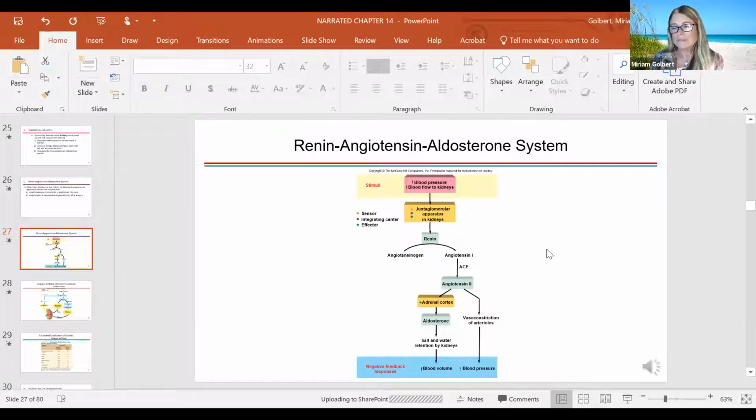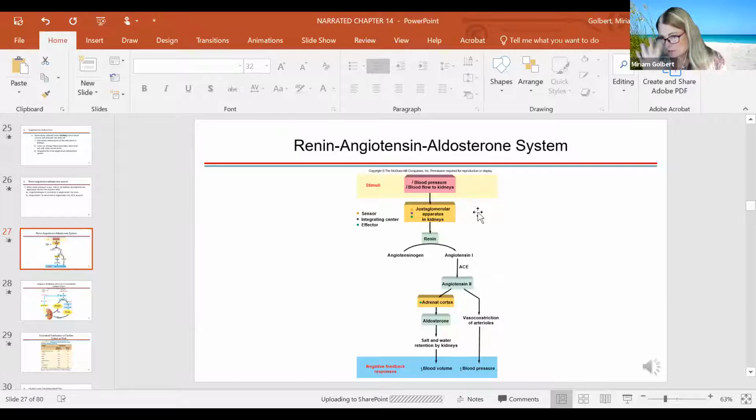So when the kidney detects this low blood pressure and low blood flow, these little cells that are in the juxtaglomerular apparatus, and we're going to learn that that is a group of cells that are a little different, and they're very close to where we do filtration of the urine and where we do secretion.